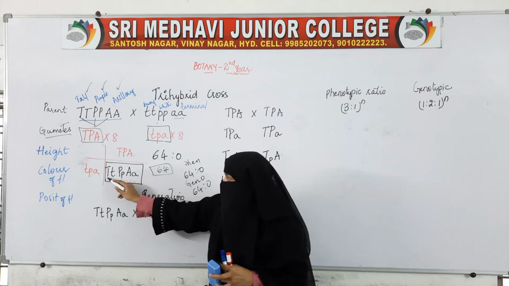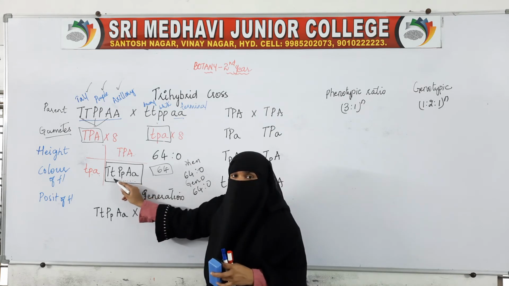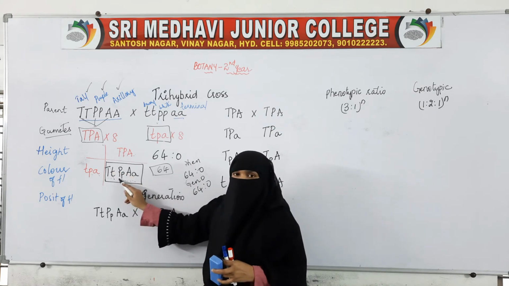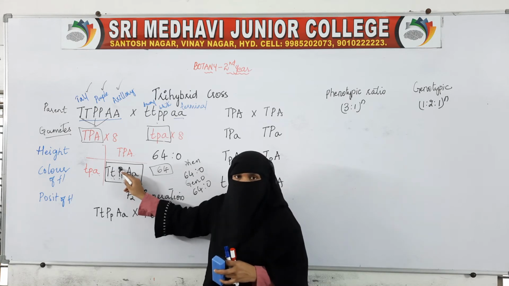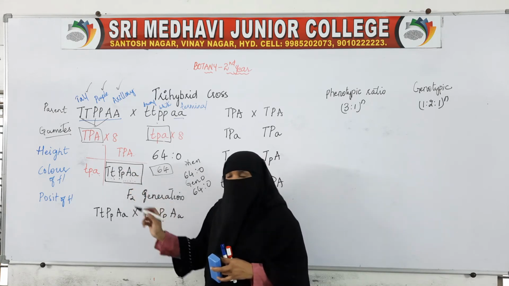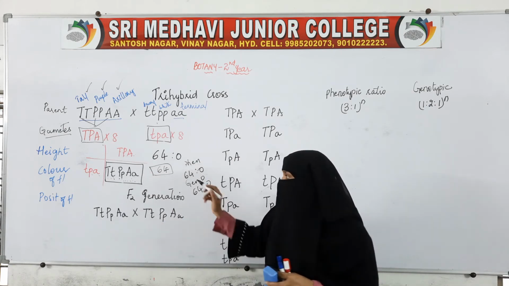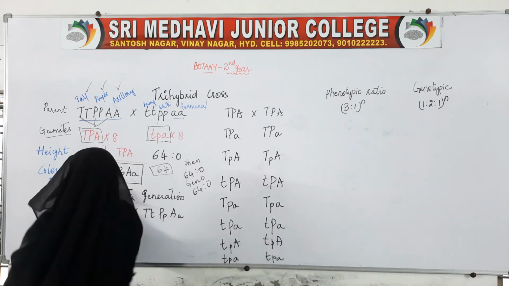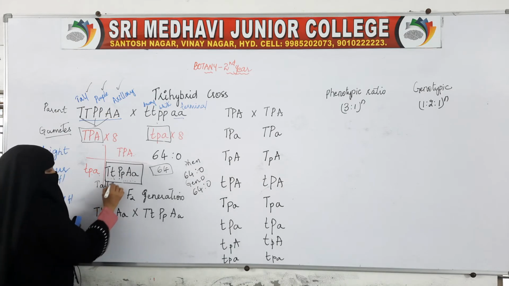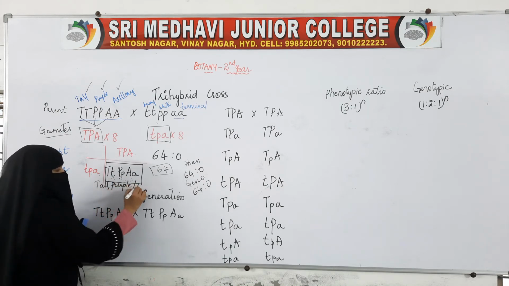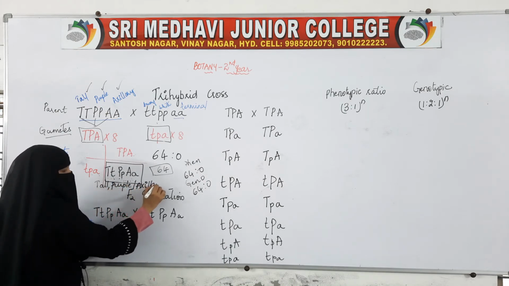So if we see this one, which height will be expressed? Tall. Which color will be expressed? Purple, because purple is dominant. Which position is expressed? Axillary, because the axillary position is dominant. So all of them are tall, purple and axillary flowers.